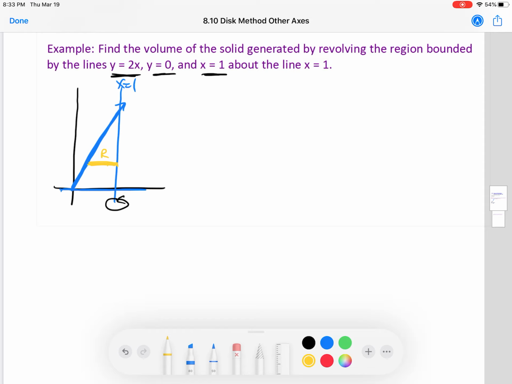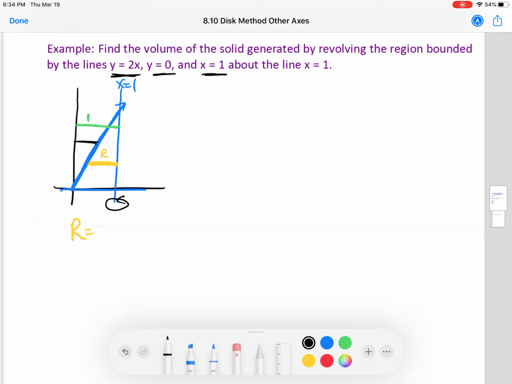To find that quantity, we take this distance in green and subtract off this blank space that our solid isn't taking up, which I just drew in black. That distance in green is 1, because it goes from the y-axis all the way to x equals 1.